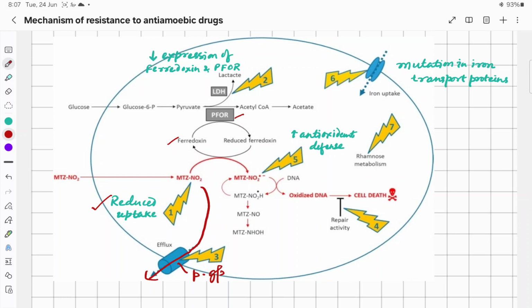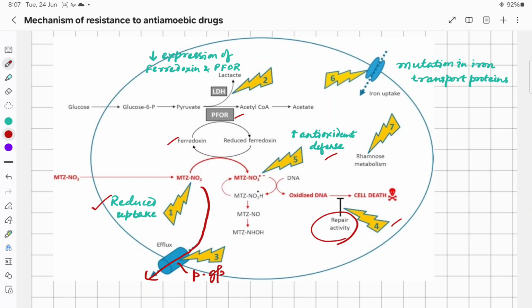Fourth, the active metronidazole can oxidize the DNA and damage the DNA, so there can be increased DNA repair activity. That is a mechanism of resistance. There can also be increased antioxidant defense, so that the oxidation of DNA can be inhibited.